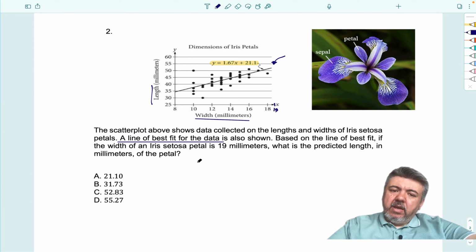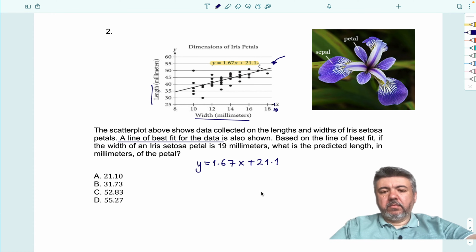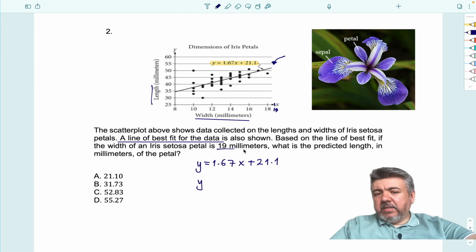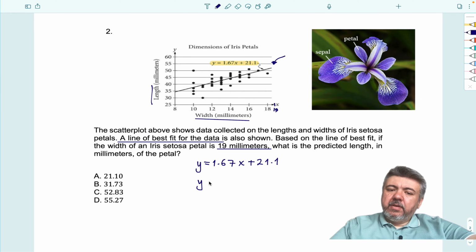It's going to be y equals 1.67x plus 21.1. We are given x, the width, equal to 19 millimeters. So the length will be 1.67 times 19 plus 21.1.